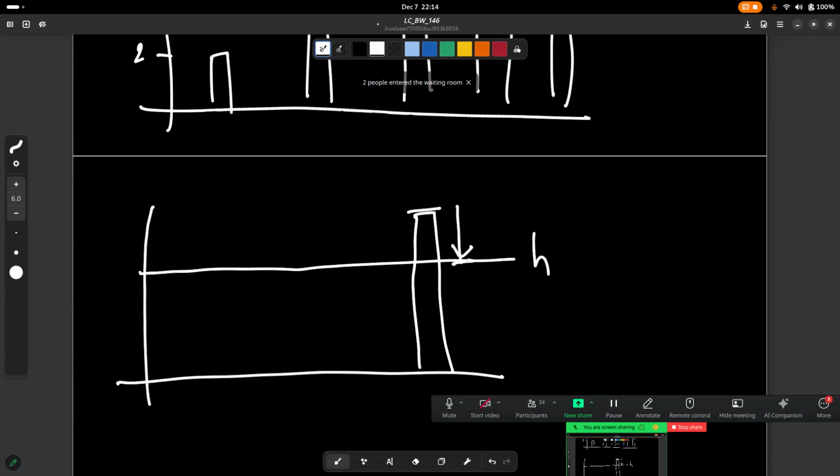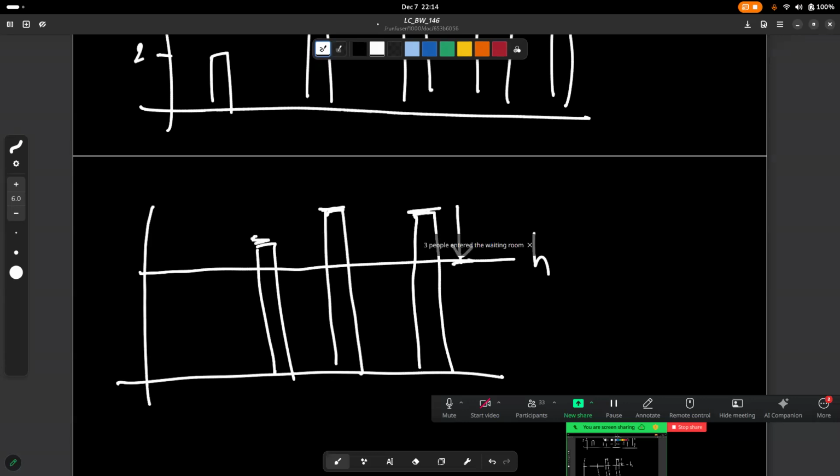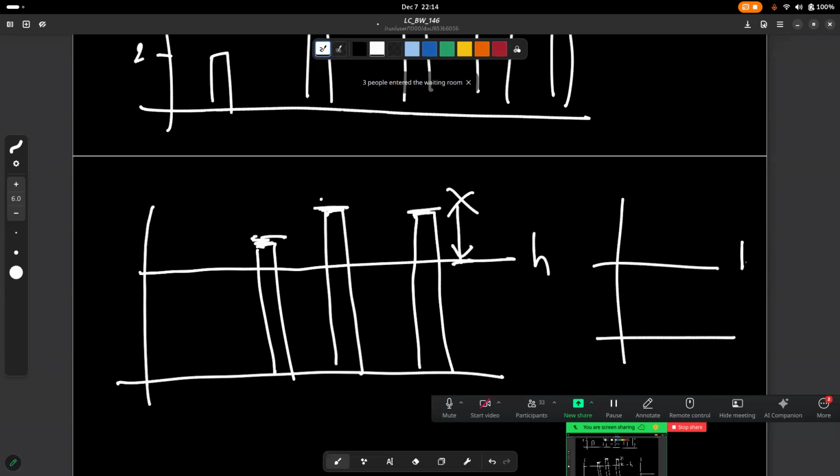And h is only valid when there is exactly one type of element above it. I can have two or more such elements at this level, but it's not okay if I have two levels above h. So h is only valid when I have one level above h. This is not a valid h, but something like this would be a valid h.